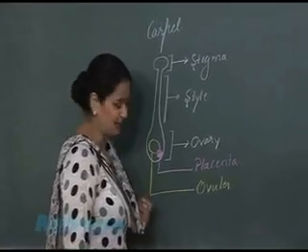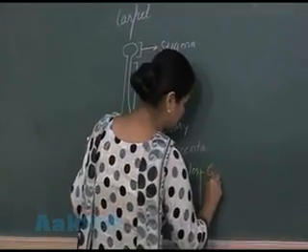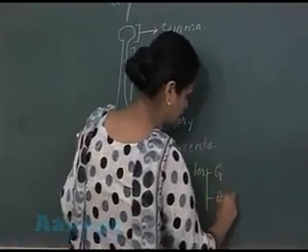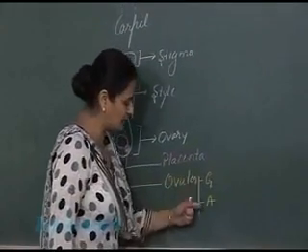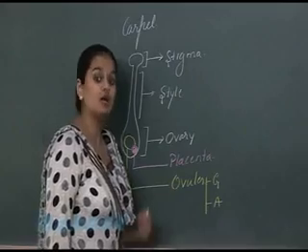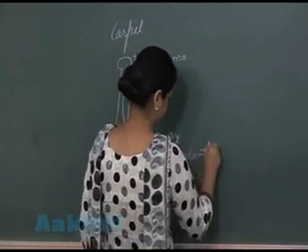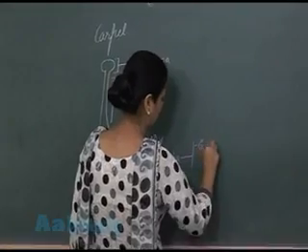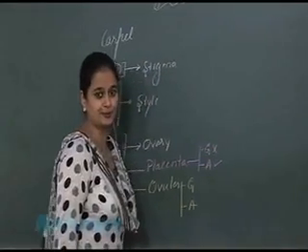Please keep in mind that ovules are present in both gymnosperms as well as angiosperms, the flowering plants. Ovules are present, but the placenta is only associated with the angiosperms.